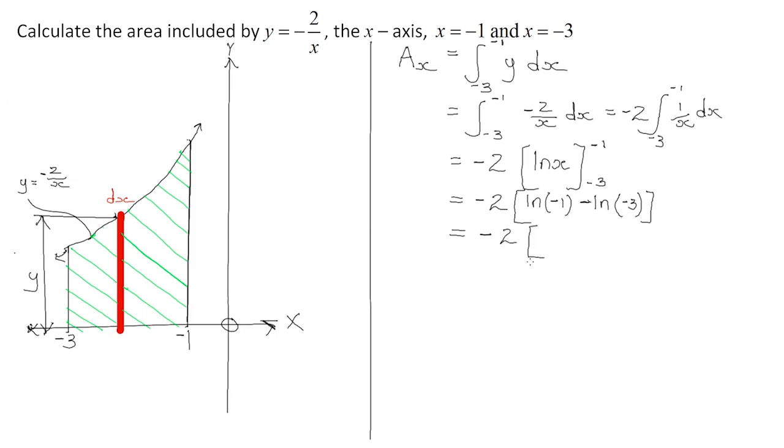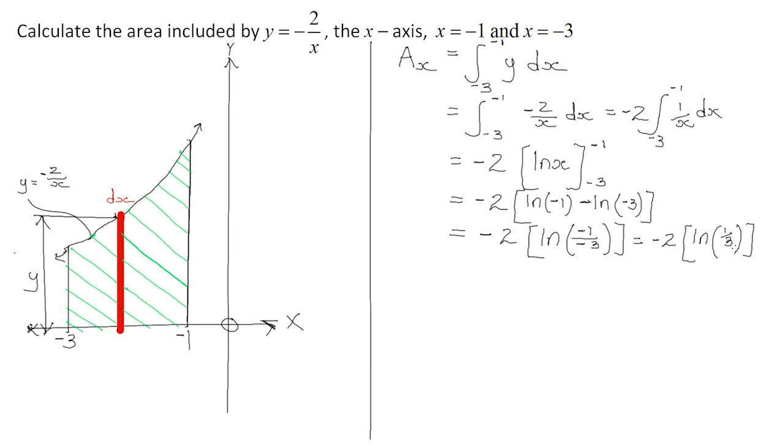ln A minus ln B, what does that give you? That gives you ln A over B. In other words, you write those separate logs as a single log. And obviously, if you continue there, can you see what you're going to get? -2 ln, can you see a negative and a negative gives you a positive?